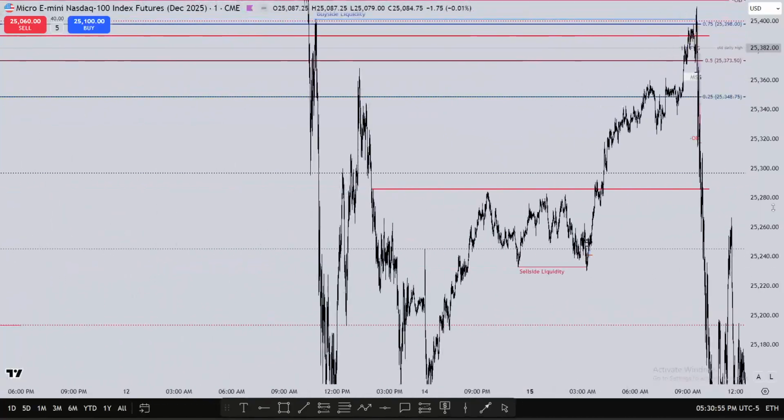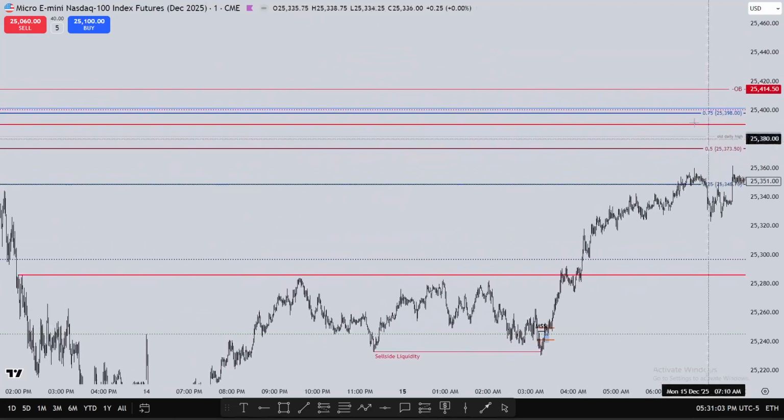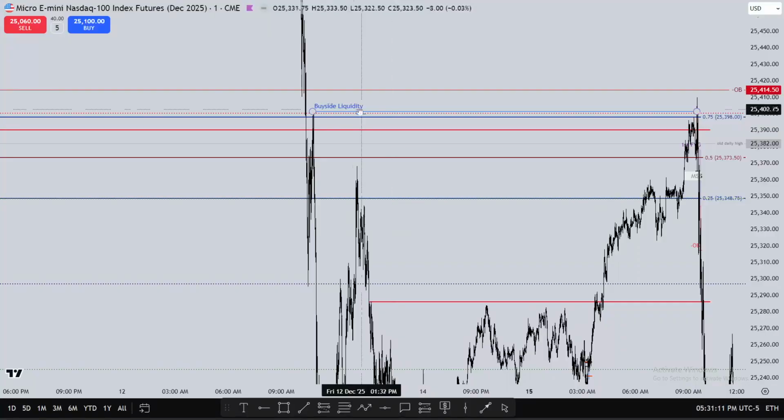In London, I'm expecting us to trade to take out that buy side, old daily high, immediate rebalance, buy side liquidity. And then you have quadrant level here, quadrant level here, opening price on that daily order block there.